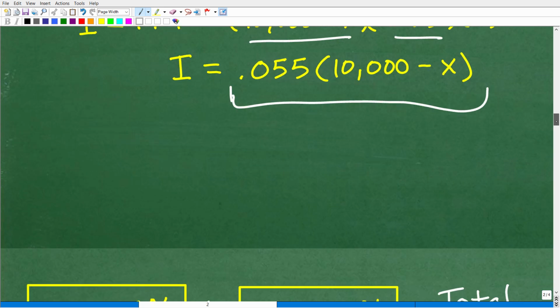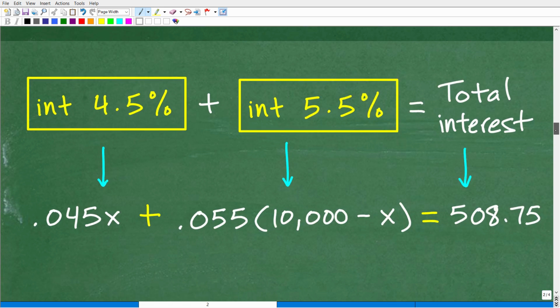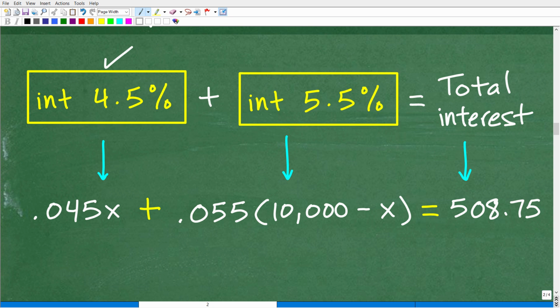All right, so let's go ahead and go back to our model here. So remember, the interest from the 4.5% account, how much we made there, plus the interest we made on the 5.5% account, that is going to be our total interest.